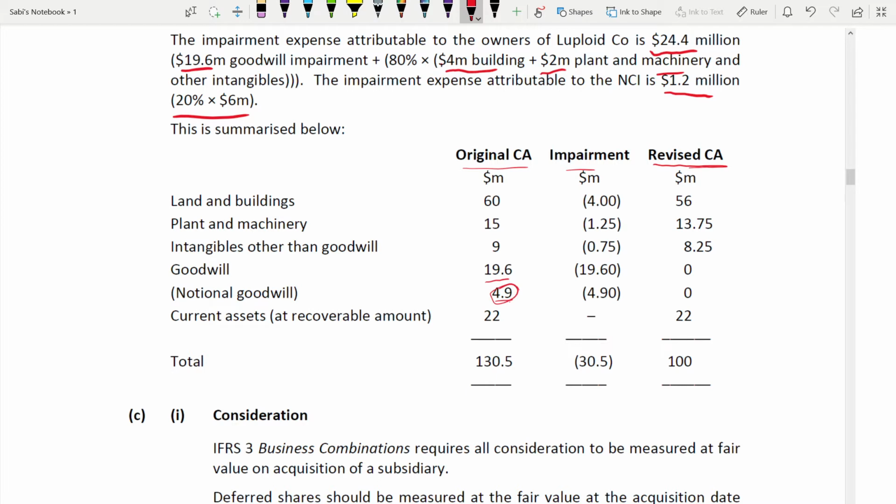So 135.5. Next, you are deducting 4 from the buildings, 1.25 and 0.75, and 19.6 wholly you are taking from the goodwill, and notional goodwill also you are reducing fully, 30.5. So after you reduce everything, it's 100. You see, it has to be equal to the recoverable amount. It cannot fall below the recoverable amount.